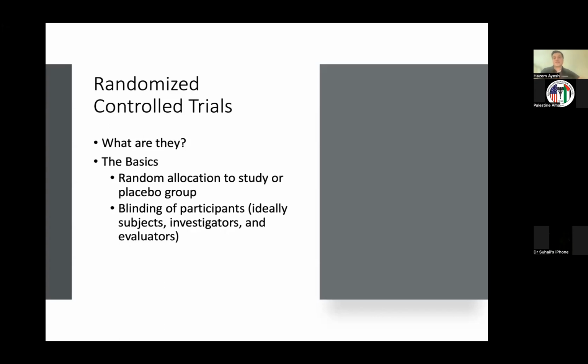And the randomization at the very beginning is there to eliminate confounding, because if there is a confounder in the study, it is going to be equally distributed among the treatment group and the control group. So you will still have a confounder, but it is in both groups.